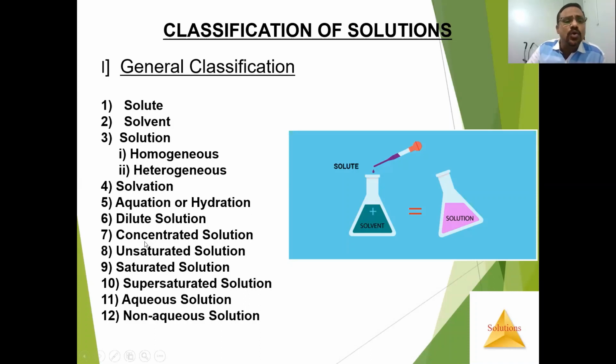Now, what are concentrated solutions? Simply, the solutions which contain a large quantity of solute added to the solvent are called concentrated solutions. Now tell me, we are saying that solute is the substance which is present in the small quantity in the given solution. What is solvent?